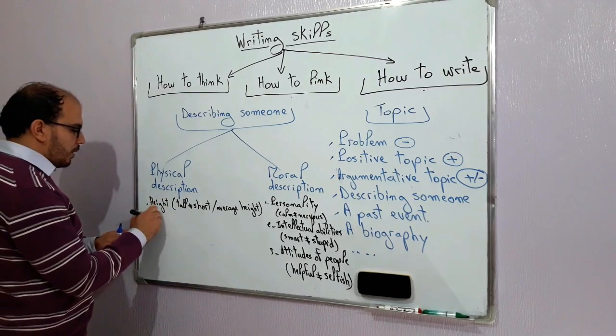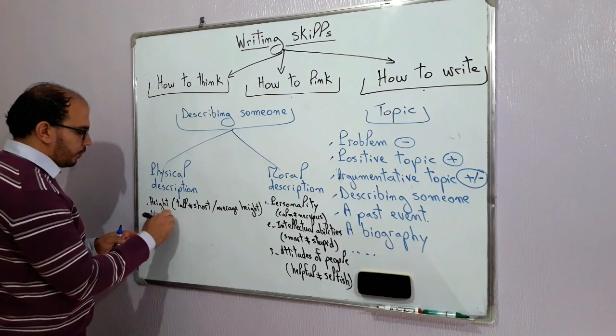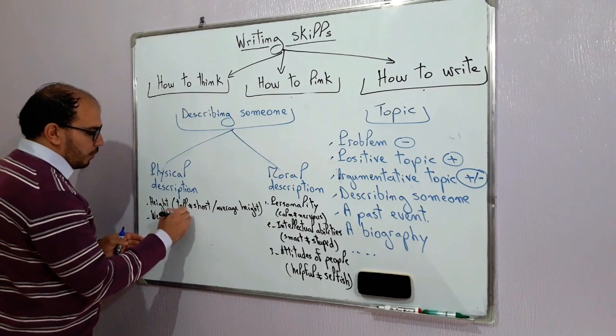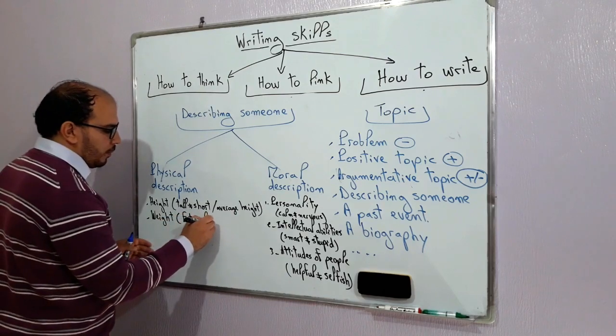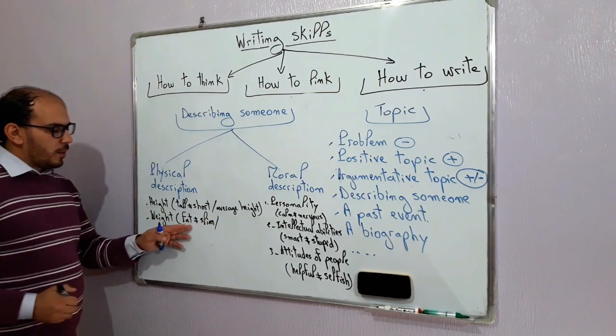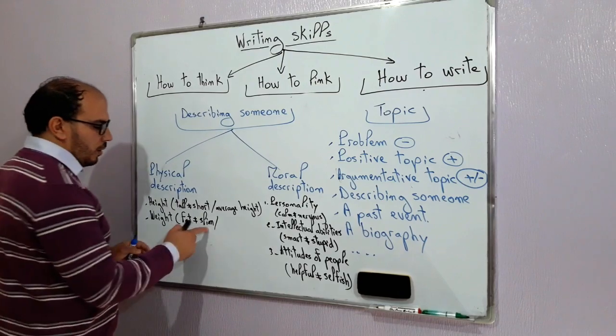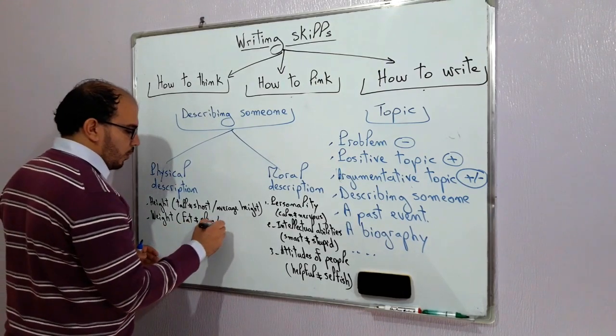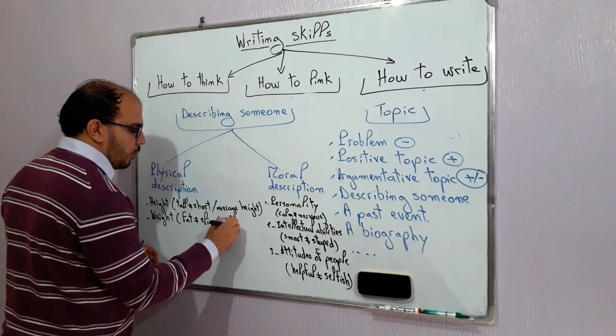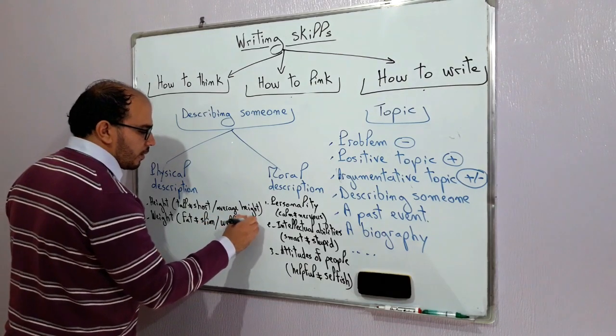Something else is the weight. I say, for example, fat. The opposite is slim. If this person is not fat and not slim, we can say in between is well built.